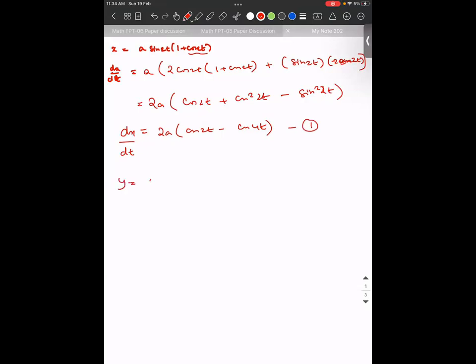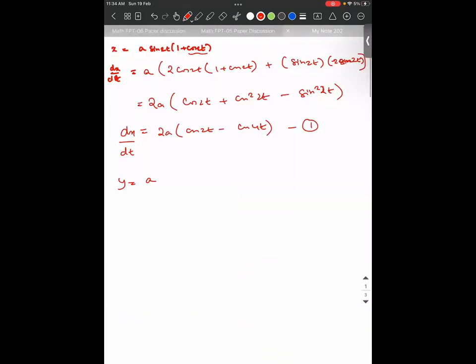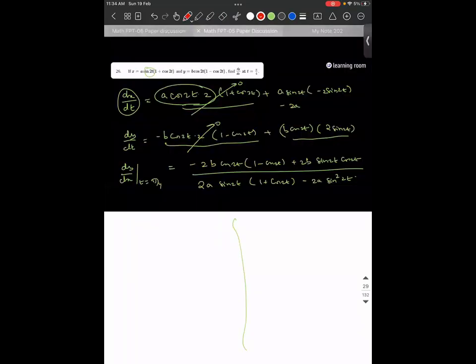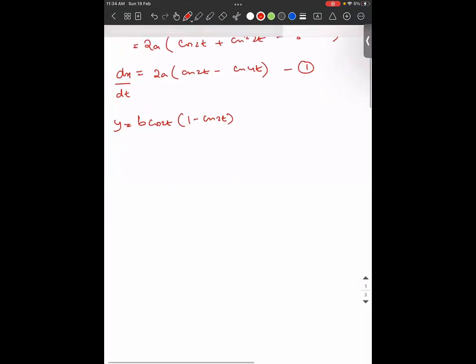So y is b cos 2t into 1 minus cos 2t. So what is dy by dt?